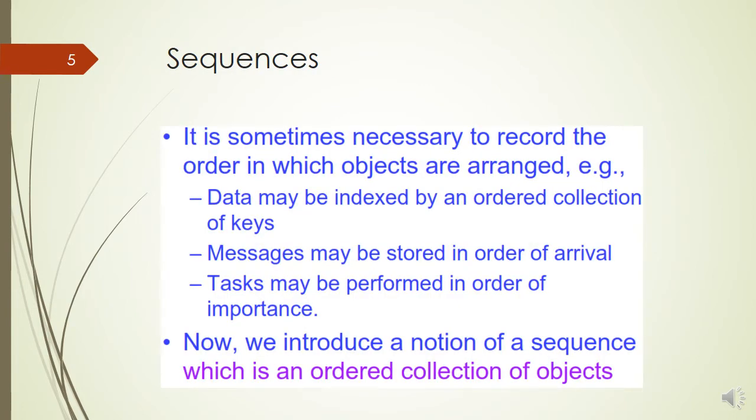While designing many software systems, we need to maintain the order of objects. For example, in an e-commerce system, an order that arrives first will be dispatched first, or in an online healthcare system, a patient who interacts with the system first will be served first. So it is sometimes necessary to record the order in which objects are arranged.